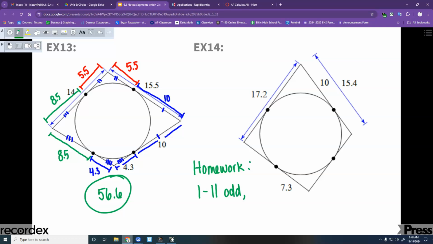And then I want you to do, which one do I want you to do? 17.